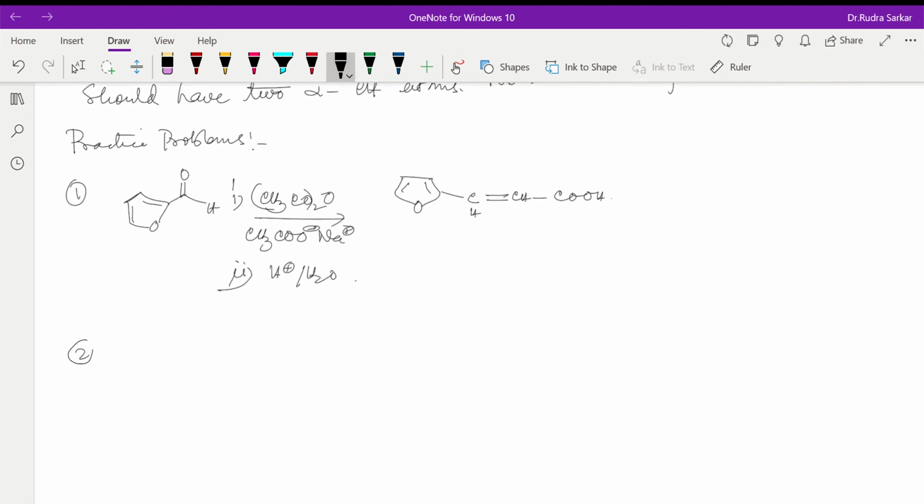Again, number 2. Suppose you have been given cinnamaldehyde, which is something like this. Same reagent.